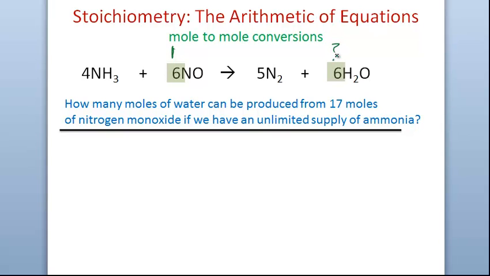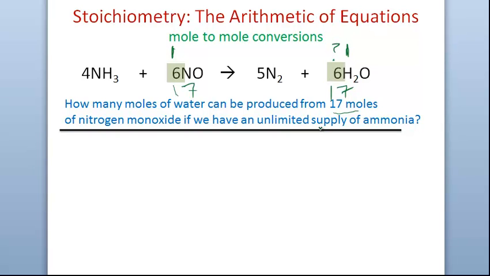How many moles of water? Well, since it's a 1-to-1 molar relationship, you'd get 1 mole of water out. Likewise, if we were given 6, you'd get 6 out. And in this case, we're being given 17 moles of nitrogen monoxide, so it's pretty straightforward. We should get 17 moles of water out of this.